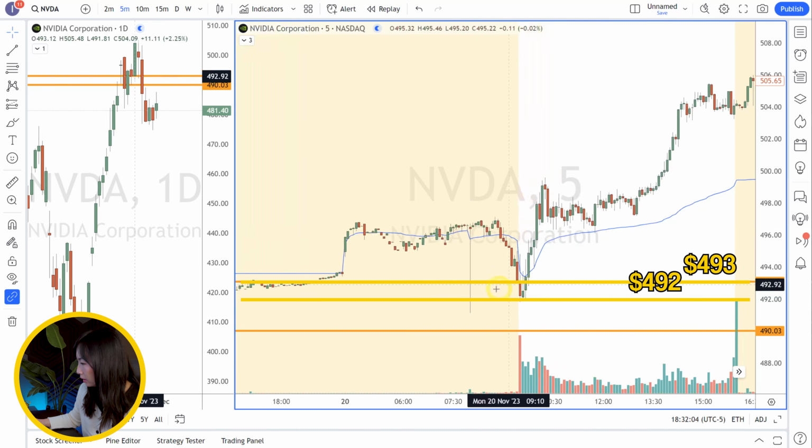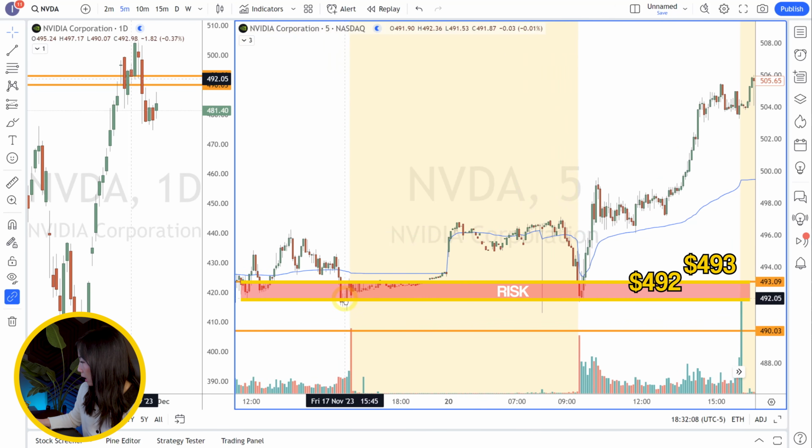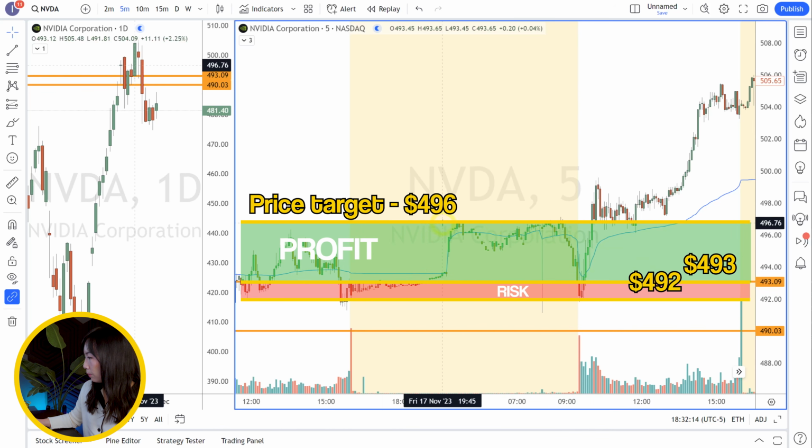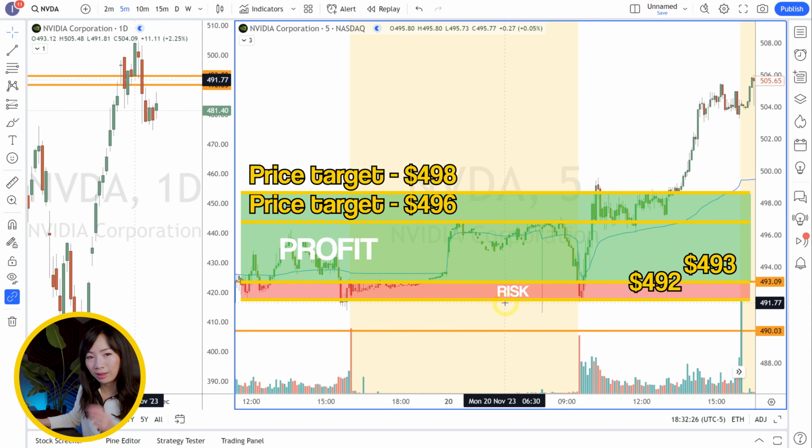So when I long this area, I need to be okay with risking yesterday's low of around 492s, so about $1 per share. And if my price target is the pre-market highs, 496, that means I'm risking $1 per share to make $3 or even more. You can see it went all the way to like 498. But you're risking at least $1 to make $3 and potentially higher.